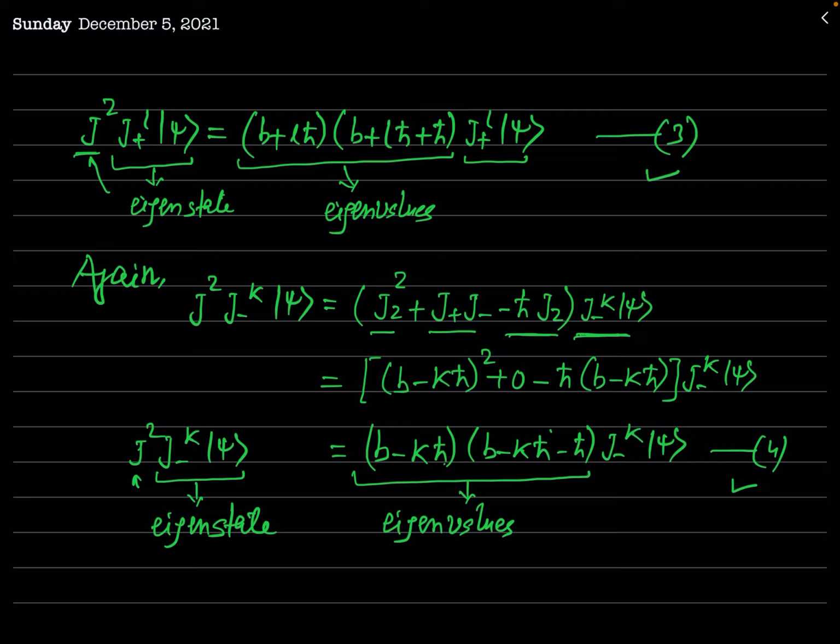But both of these are actually the eigenvalues of the same operator J square. So you can equate these two eigenvalues because both are eigenvalues of J square, so they should be same.